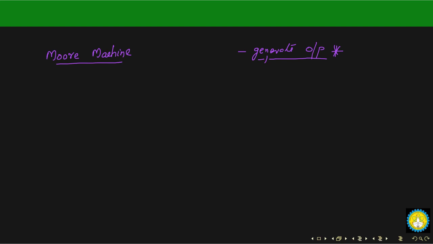Again, one more very important thing with regard to a Moore machine is that there are no final states in a Moore machine. No final states. So there is no concept of string acceptance, and it generates an output, which is very important.